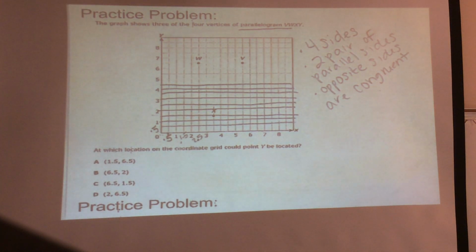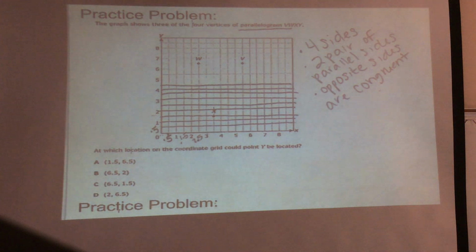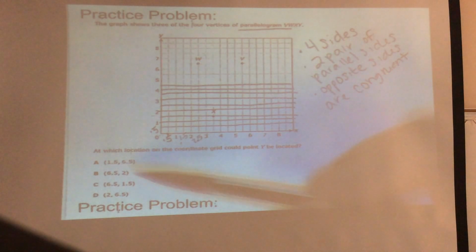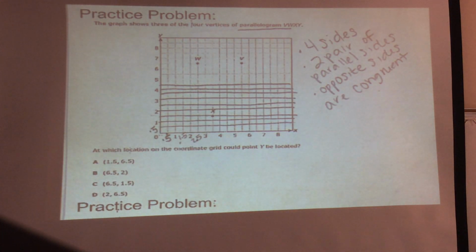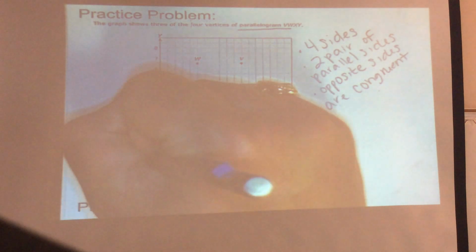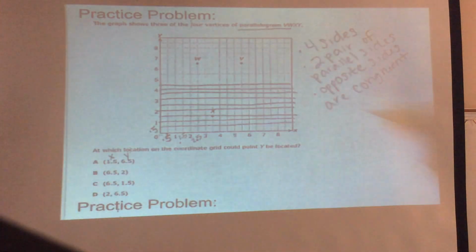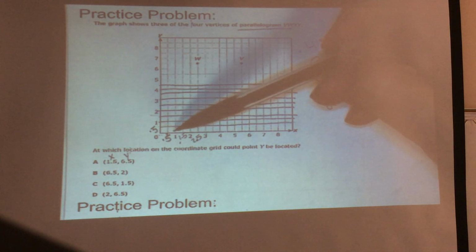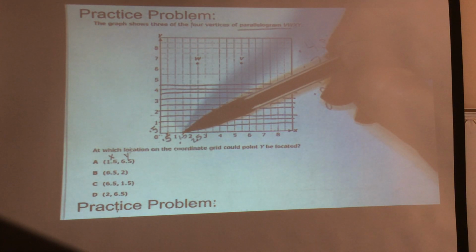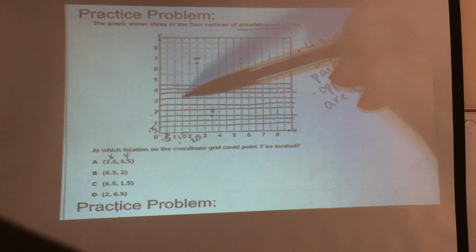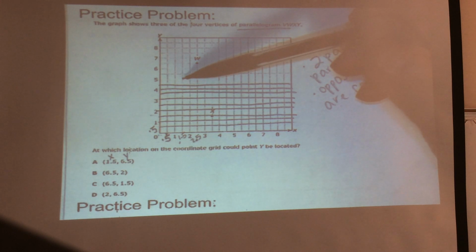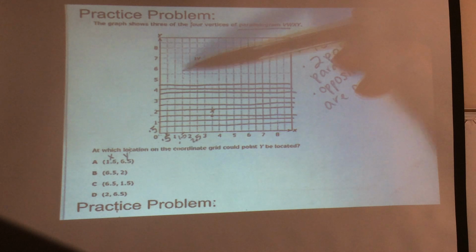So now we're going to plot our points to see which one of them could be our point Y to make a parallelogram. Okay, so 1.5 or 1 5/10, comma 6 5/10. 1 5/10 is my X, 6 5/10 is my Y. So I'm going to move over 1/2, 1, 1.5 on my X, and up 1/2, 1, 1.5, 2, 2.5, 3, 3.5, 4, 4.5, 5, 5.5, 6, 6.5.